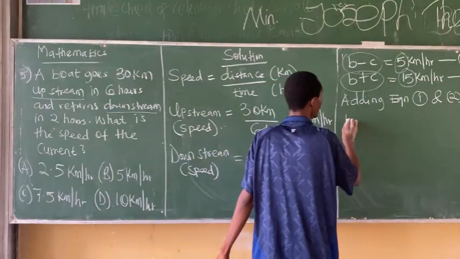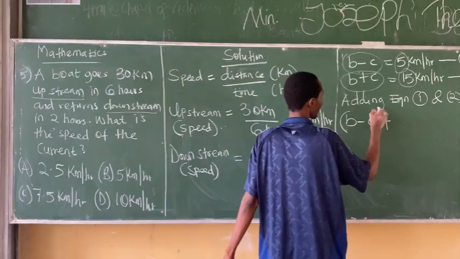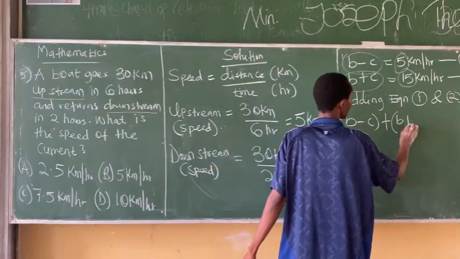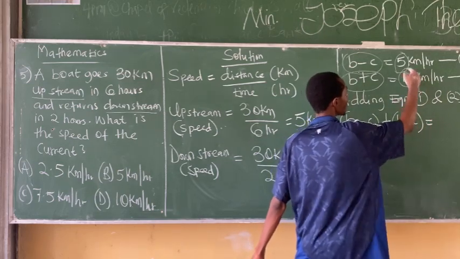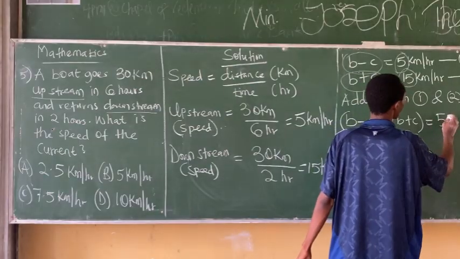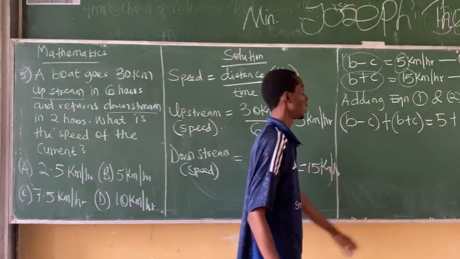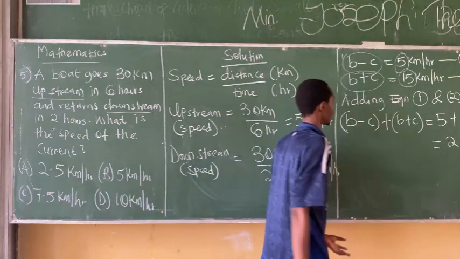We have B minus C plus, don't forget, adding equation 1 and equation 2, B plus C is equal to 5 plus 15. 5 plus 15 gives us 20.